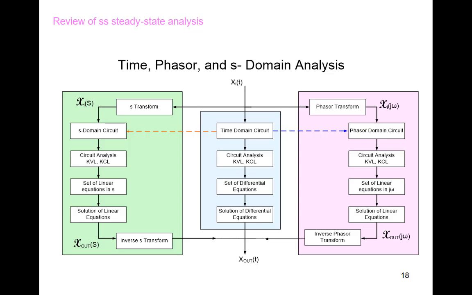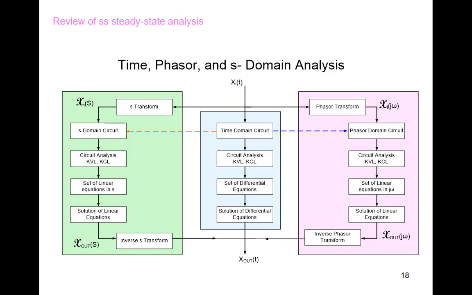So the approach that I think is followed in 201, we do a phasor transform if the input happens to be a sinusoidal signal. And then we have a phasor input. Then we take the time domain circuit and we do a phasor domain transform of it.